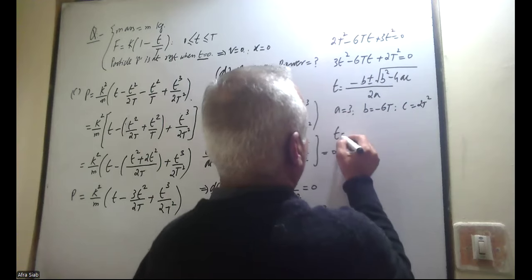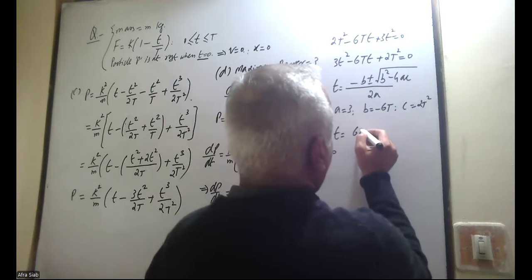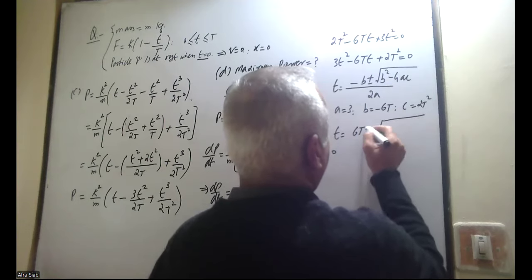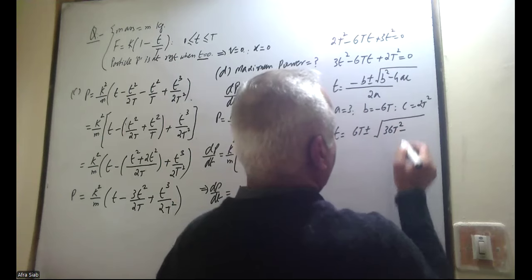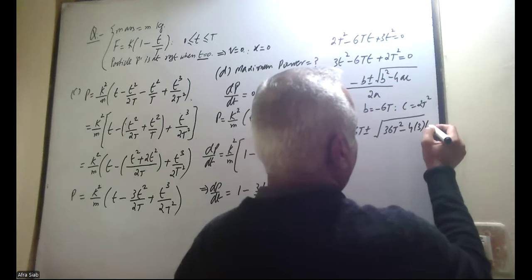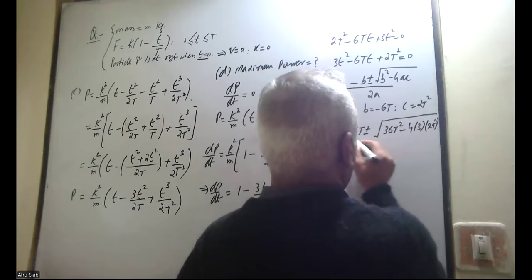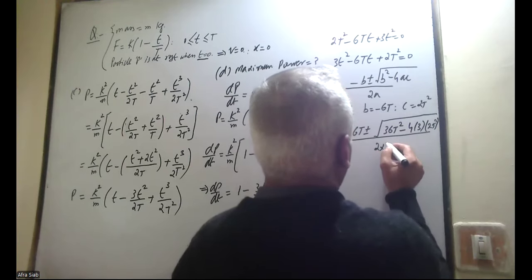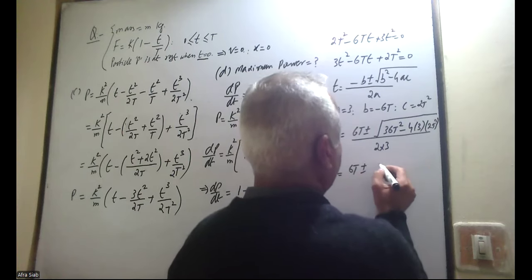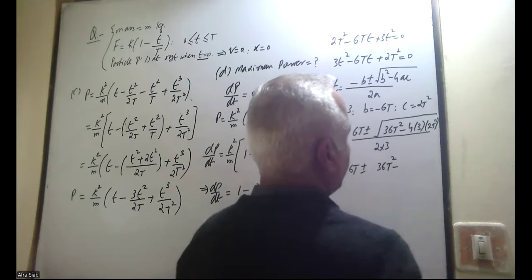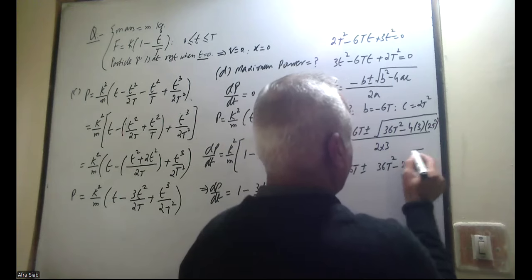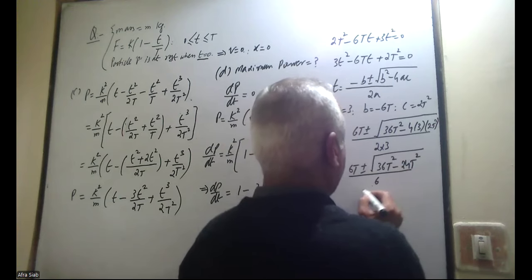So this will become t is equal to 6T plus minus square root of 6T square is 36T square minus 4 into 3 into 2T square, divided by 2 into 3. So that thing is equal to 6T plus minus square root of 36T square minus 4 3s are 12, 2s are 24, T square, divided by 6.